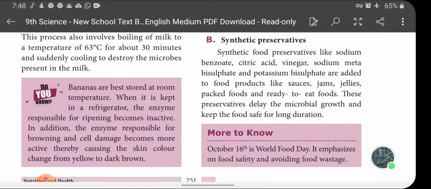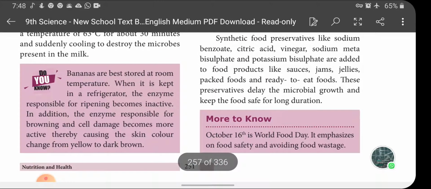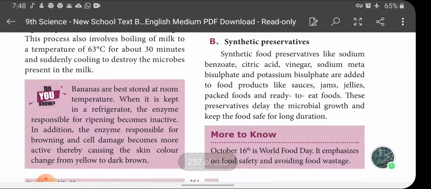These preservatives delay the microbial growth and keep the food safe for long duration. List some of the synthetic preservatives which we use to preserve the food materials. This is a question, children. You can answer: sodium benzoate, citric acid, vinegar, sodium metabisulfite and potassium bisulfite are the synthetic preservatives.